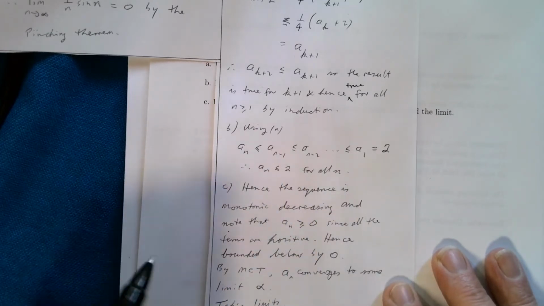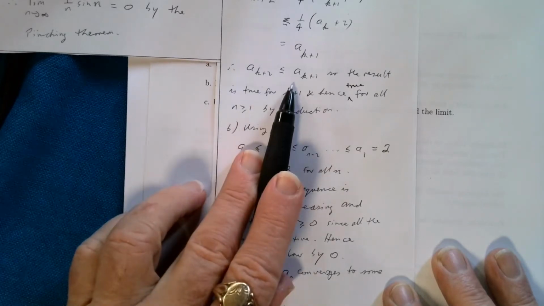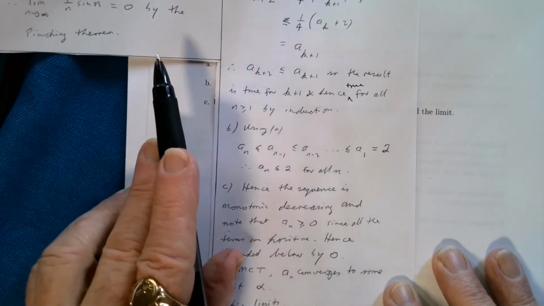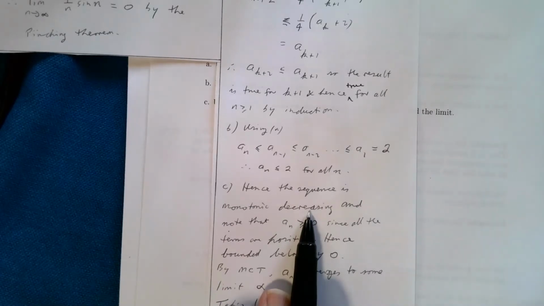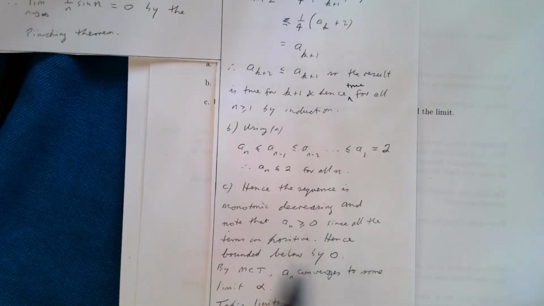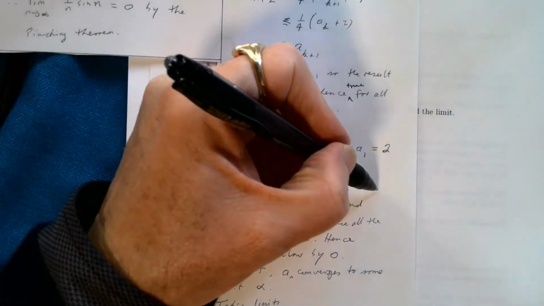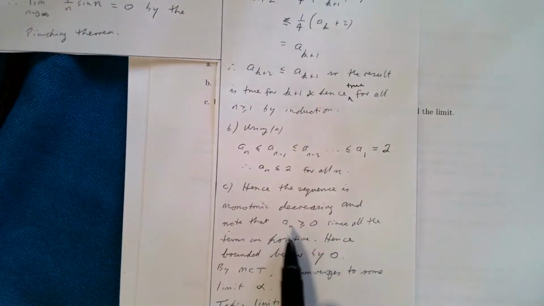Now our sequence, we've shown, is monotonic decreasing. That's what we just showed, and I need to get it bounded below by something. We've got it bounded above, but because it's decreasing, I want it bounded below. The terms are all getting smaller, one after the other, and I want a brick wall at the bottom.